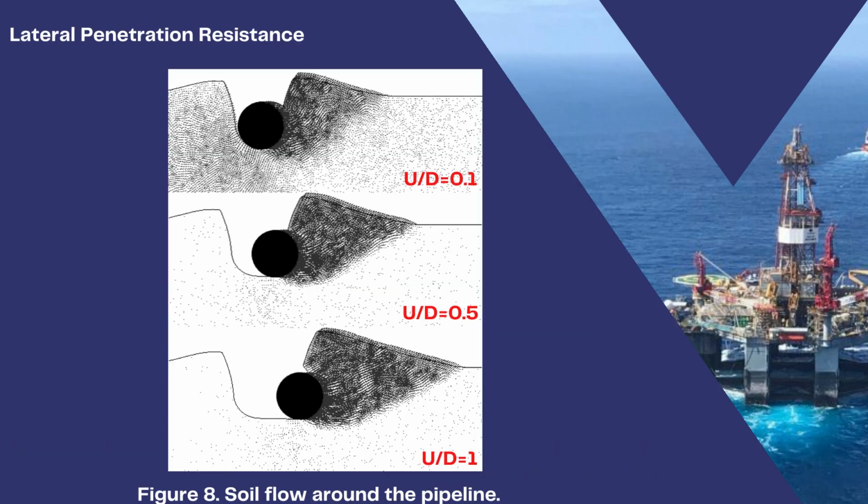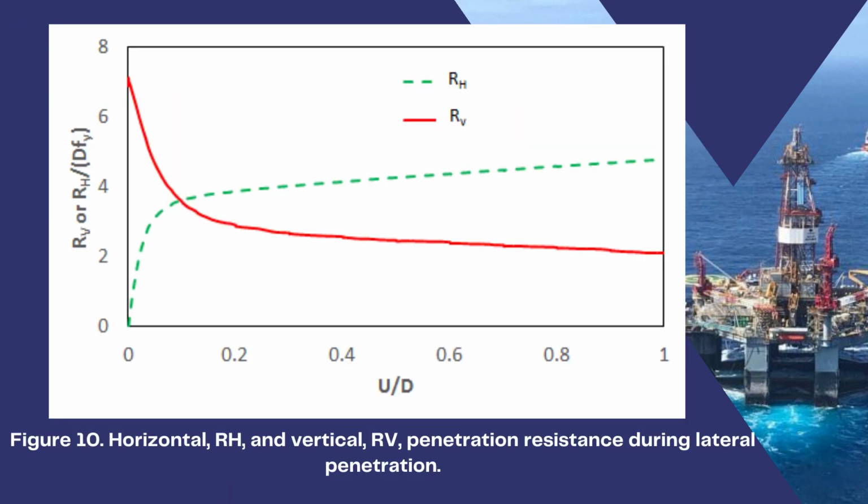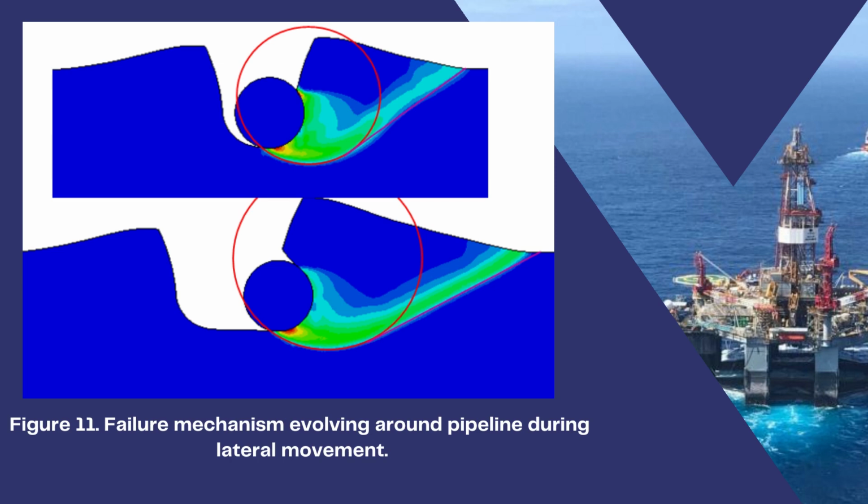This is the lateral penetration at different penetration levels, pore pressures, and the penetration resistance, horizontal and vertical, because during the lateral penetration the vertical penetration resistance decreases, but the lateral penetration resistance continuously increases. And this is the failure mechanism evolving around the pipeline during lateral penetration.